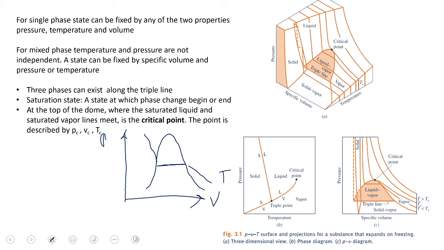Why are they not independent? Because suppose that we know the specific volume is this amount, and if we want to find the corresponding pressure, we get this pressure. Suppose the specific volume changes to this amount. Again the pressure remains the same. So pressure and volume for a mixed phase are not independent.